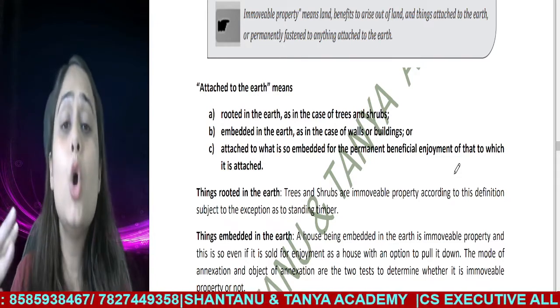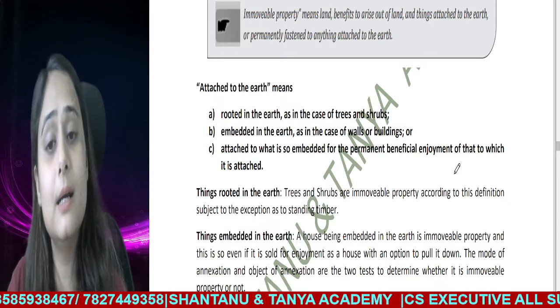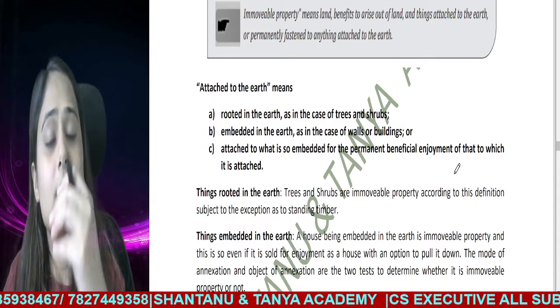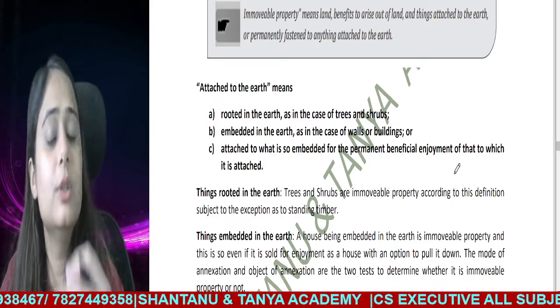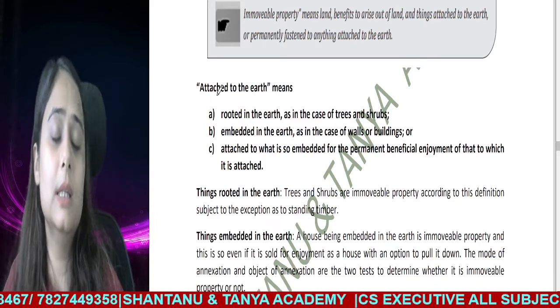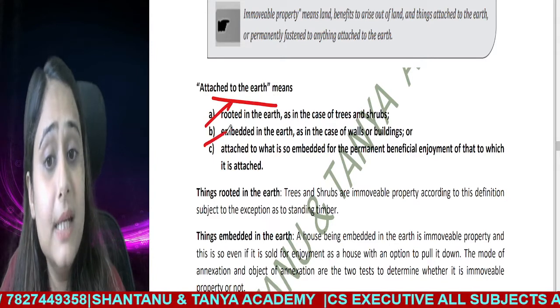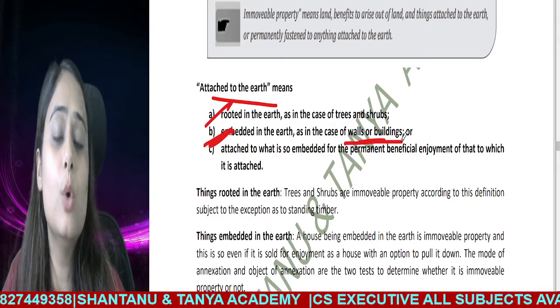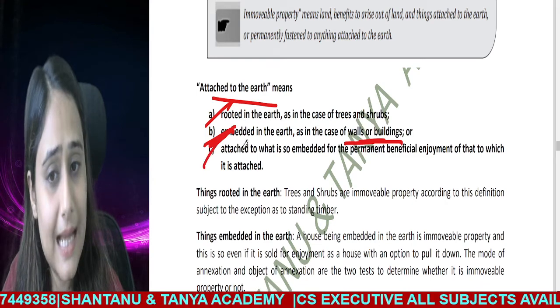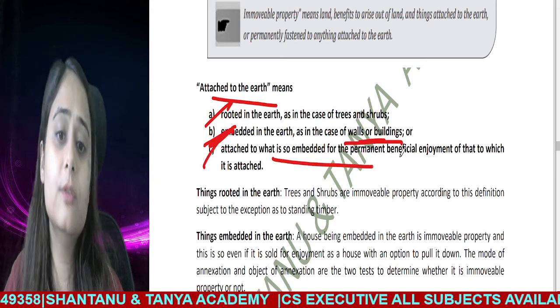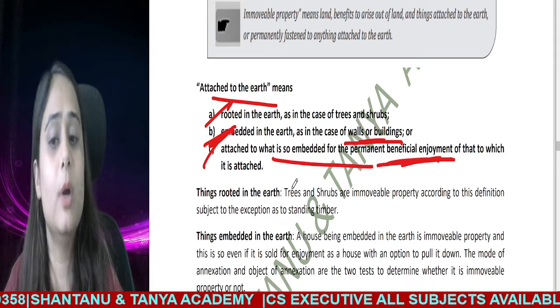Other than that, all trees and shrubs are rooted in the earth, are permanently fixed on the earth, so they are immovable, right? Or they fall in the definition of attached to the earth. Embedded in the earth, as in the case of walls and buildings. Attached to what is so embedded for the permanent beneficial enjoyment, right?